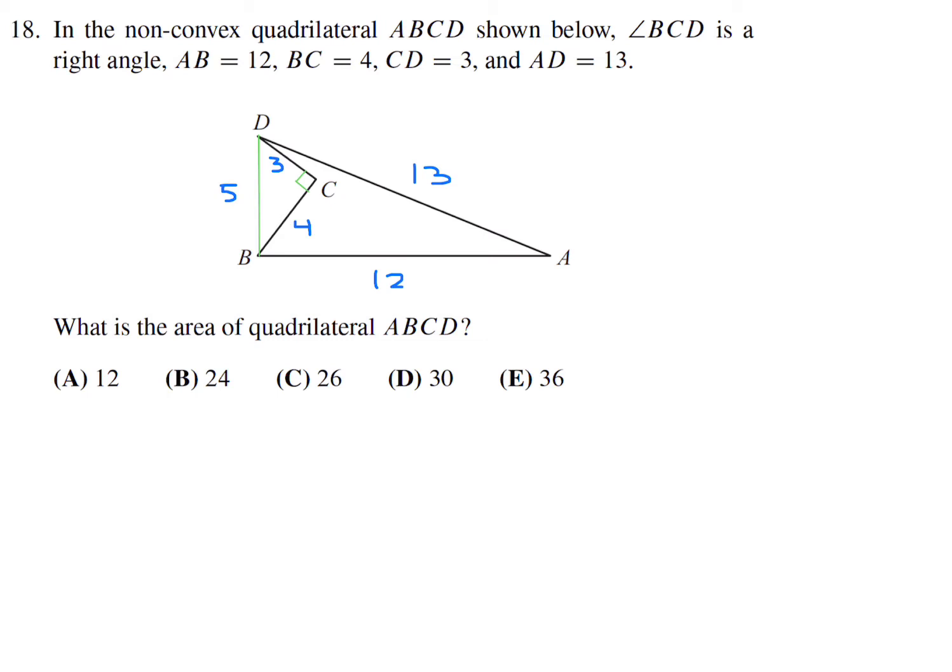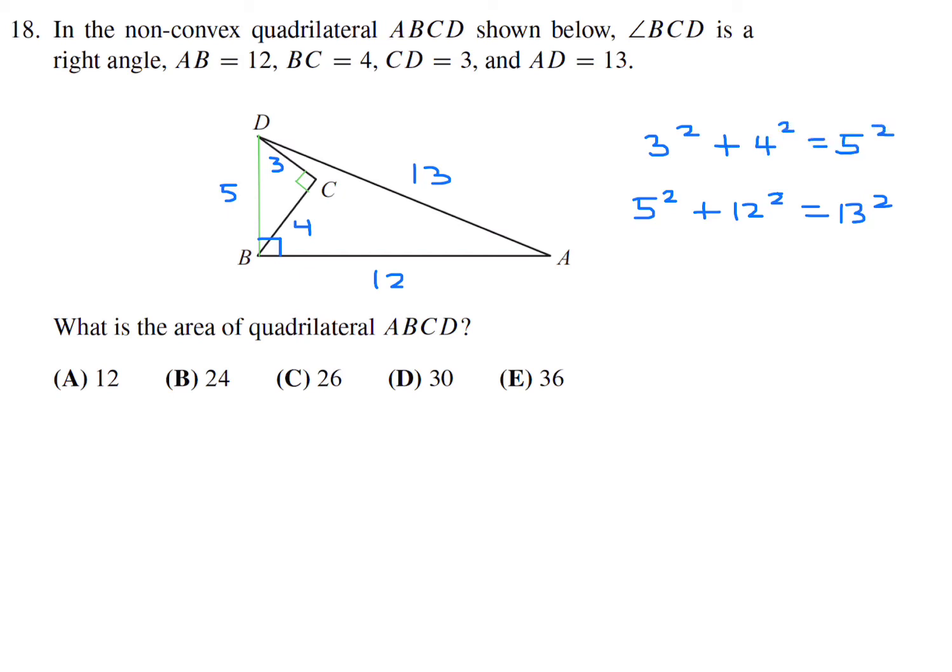And since this is a 5, 12, 13 triangle, this is a right angle, because 5 squared plus 12 squared is equal to 13 squared. So that means that's right. And also before, 3 squared plus 4 squared was equal to 5 squared.